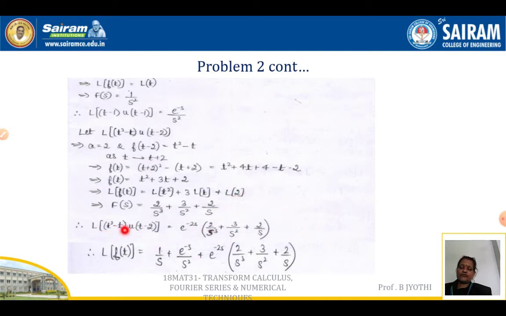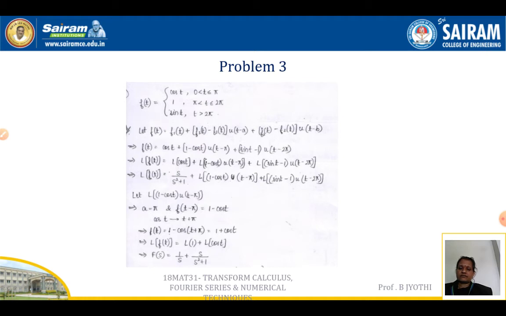So L of t square minus t into u of t minus 2 will be e power minus 2s into 2 by s cube plus 3 by s square plus 2 by s. Now let's combine all the results. Then we will get L of f of t is 1 by s plus e power minus s by s square plus e power minus 2s into 2 by s cube plus 3 by s square plus 2 by s.